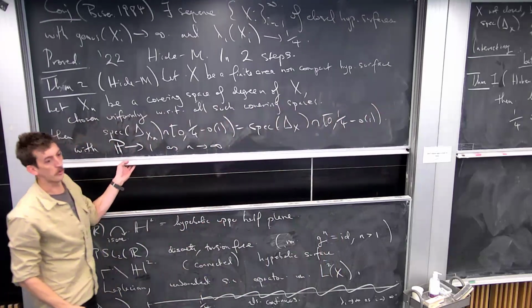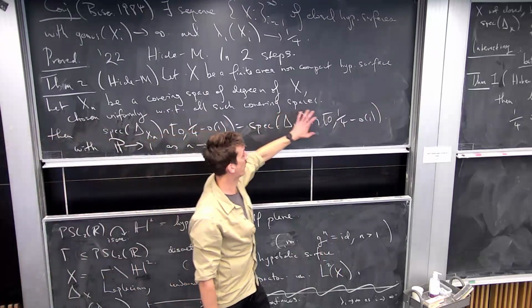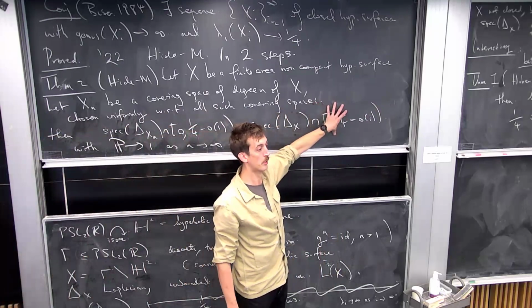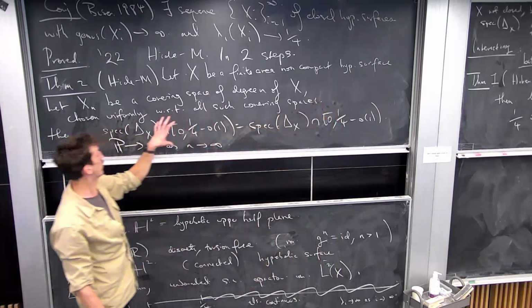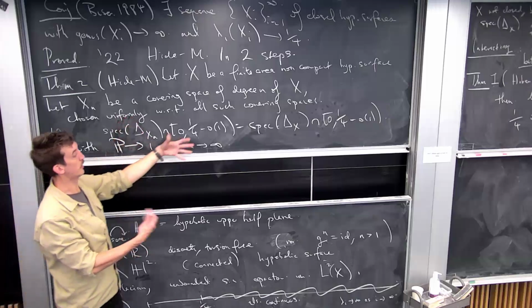So what you want to do with this is choose your original X so that it has no eigenvalues below 1/4 except 0. You only get 0 here, and you only get 0 here, which is what you want. And then you let n go to infinity.